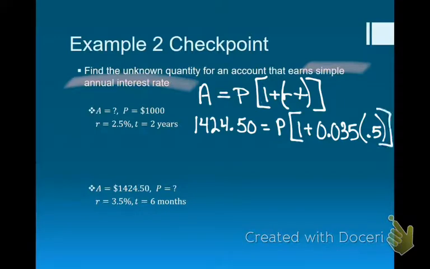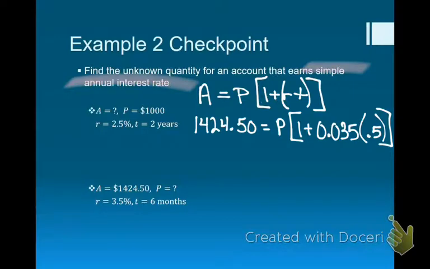Wait, why did I write 0.5 in there for the time? Because it's 6 months and I have to write it as a year. Did you guys remember to do that, or did you write a 6? Okay, so it's half of a year, so that's why I write 0.5.